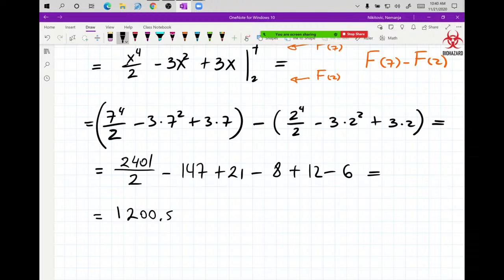That's 1200.5, and then minus 126, and that's a 6, and that's a negative 2. So that makes that 8. And then that's 0.5. That's a 2.